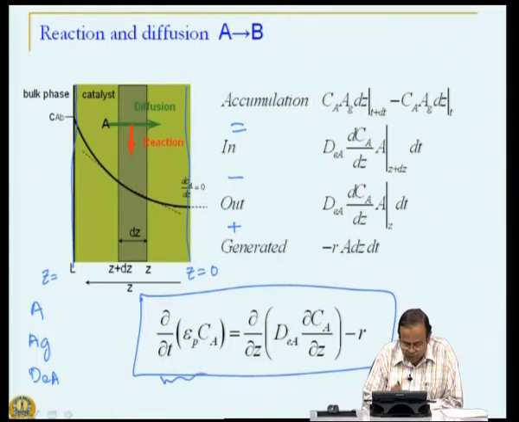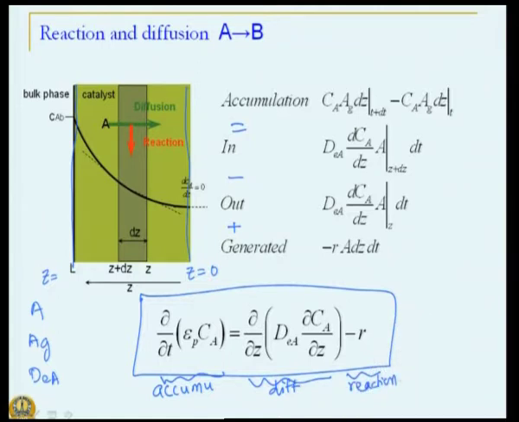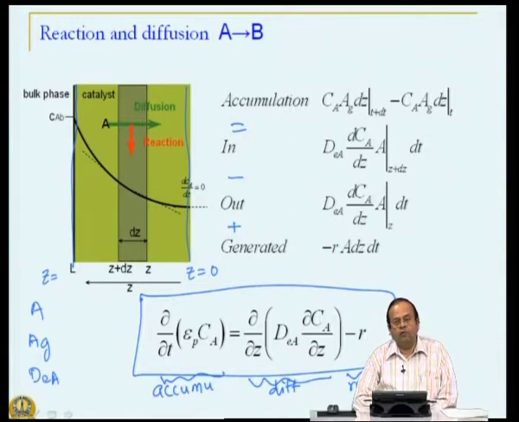This quantity representing accumulation, this quantity representing diffusion, and this quantity representing reaction. So, we have a mathematical model of diffusion, or a diffusion reaction equation, unsteady state equation. What kind of equation is it? It is a partial differential equation, in time and axial position z, involves void volume, concentrations, diffusion coefficient, and rate of reaction.